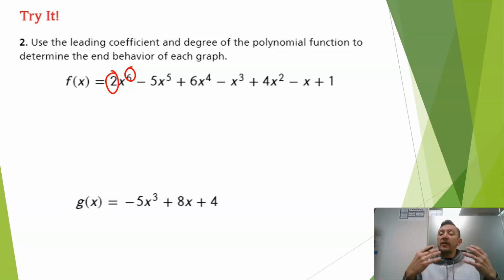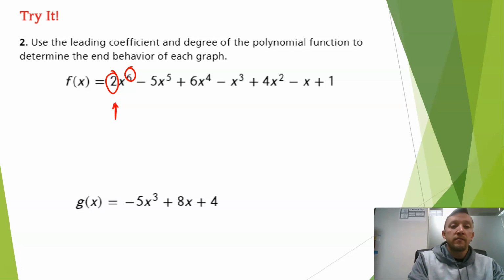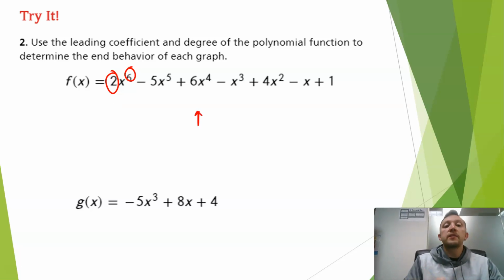Okay, so this time I notice that the leading coefficient is positive. So the right side of the graph is going to be going up, because the leading coefficient is positive. The degree is 6, so the left side of the graph is also going to go up.